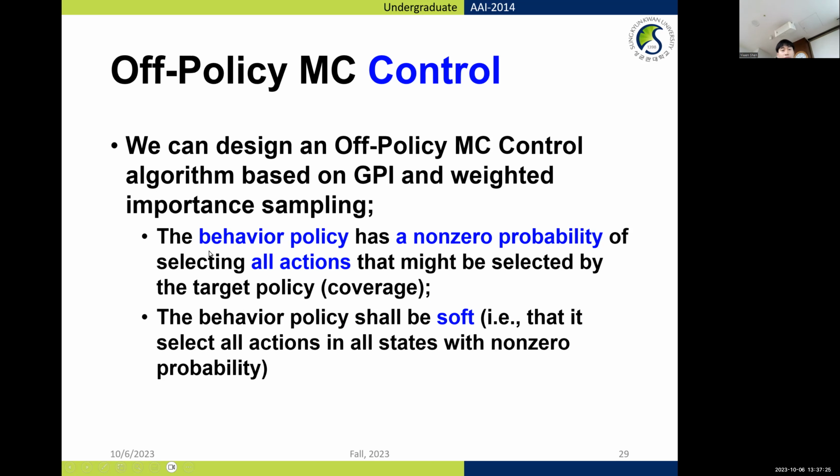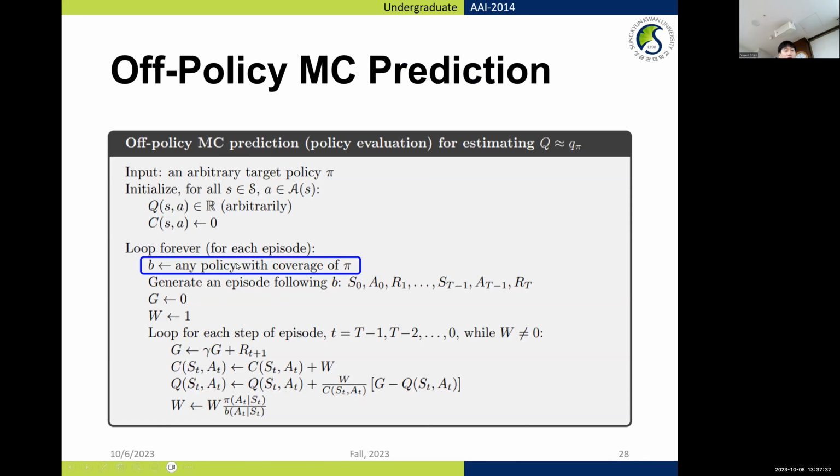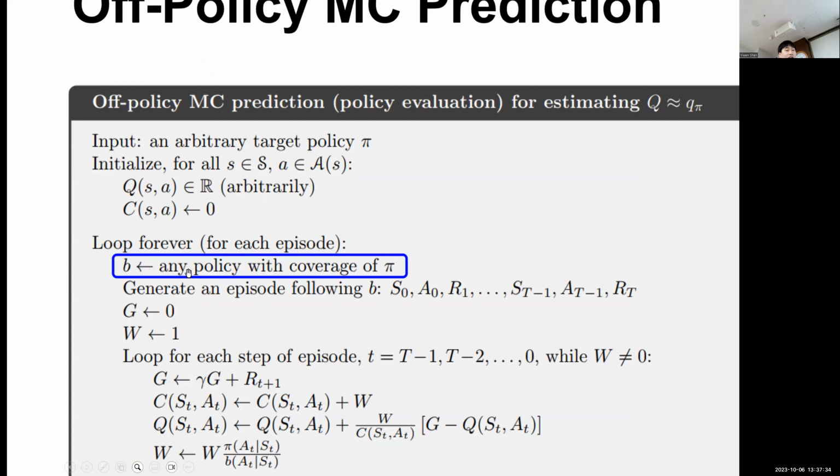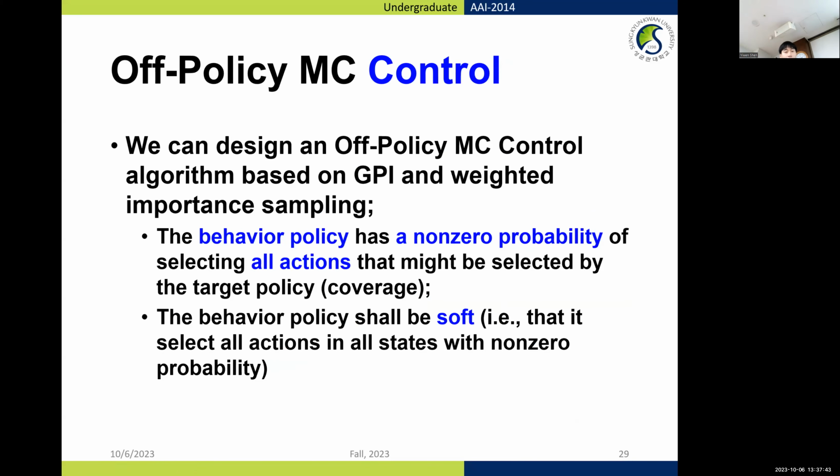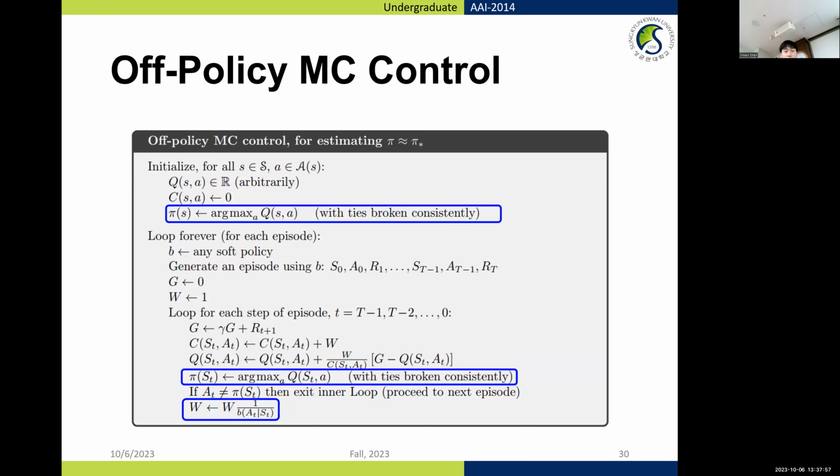You see the behavior policy has a non-zero probability of selecting all actions, which is the condition I highlighted here. B should cover all the actions that show up in pi. And the behavior policy should be soft, which is an epsilon-soft policy, meaning we divide the greedy and non-greedy actions.